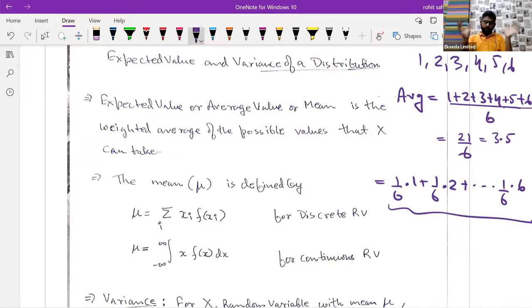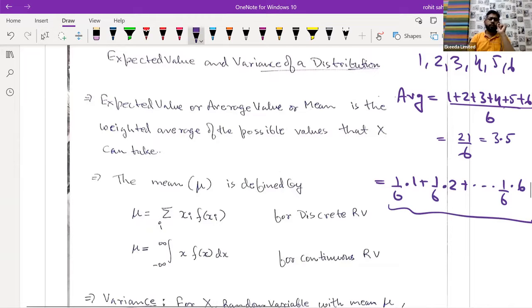Overall, if you consider the chances of each of the values together, that will be 1. But now if you're talking about the mean, you need to multiply each of the values with its probability density. हो सकता है कि 1 के आने के chances 0 हों, although आपके डेटा में लिखा हुआ है कि ये वैल्यूज आनी चाहिए, but the chances is 0. So why would we be considering it? You will just multiply with its density, that is 0.